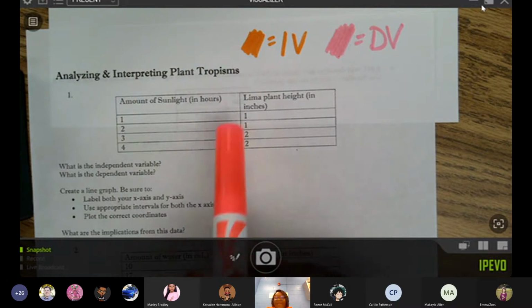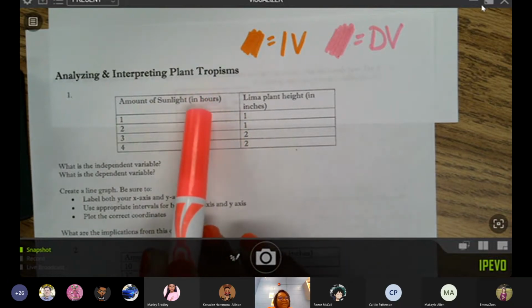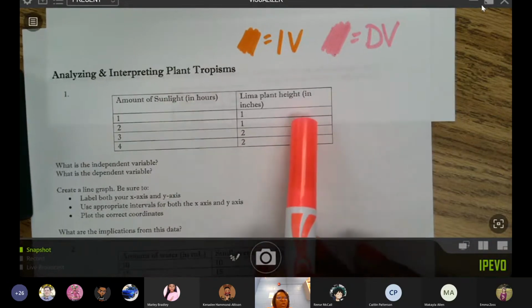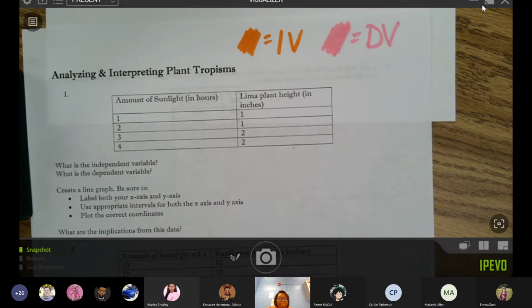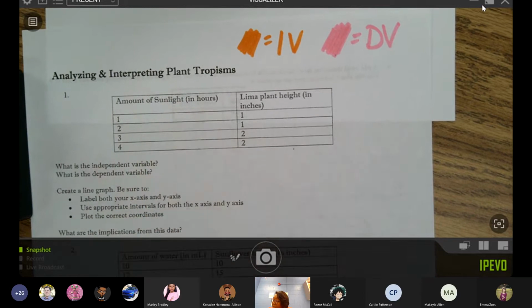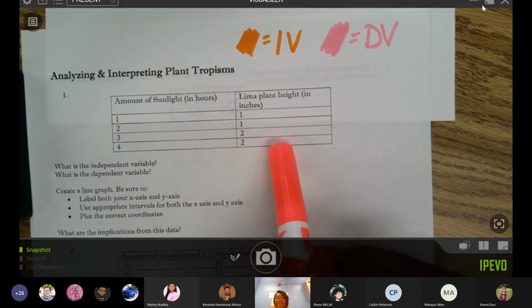The amount of time the student had this plant in the sunlight caused its height to increase. The longer she had that plant in the sun, the higher the plant's height went.